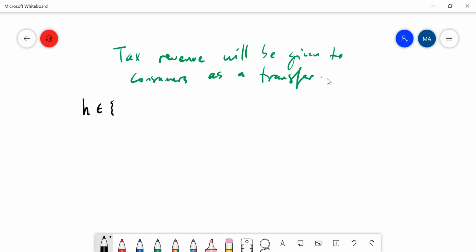Remember, in the general case, we have H different households or consumers, right? We're going to assume there will be some transfer shares.